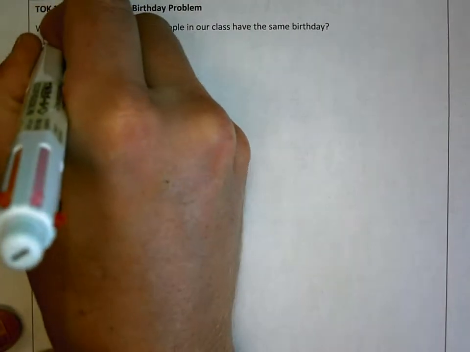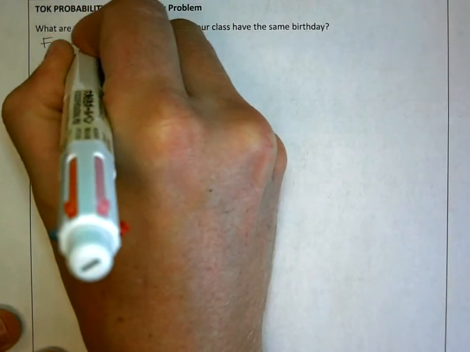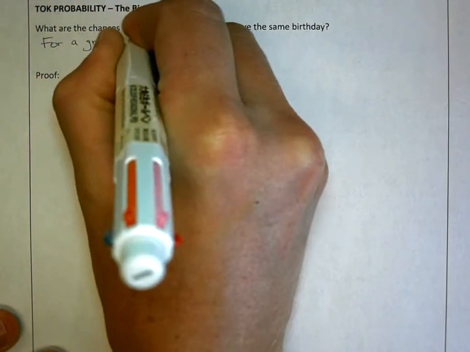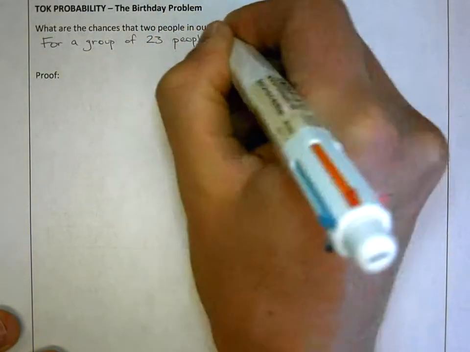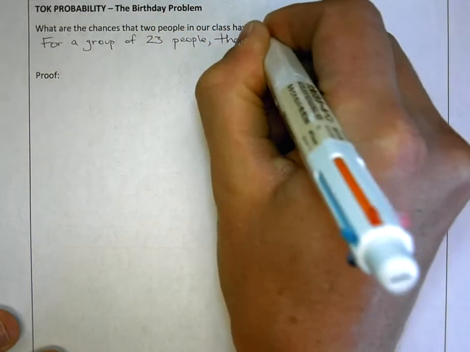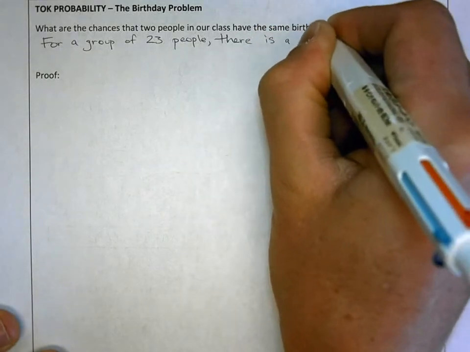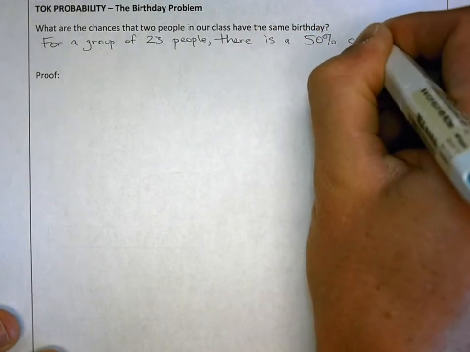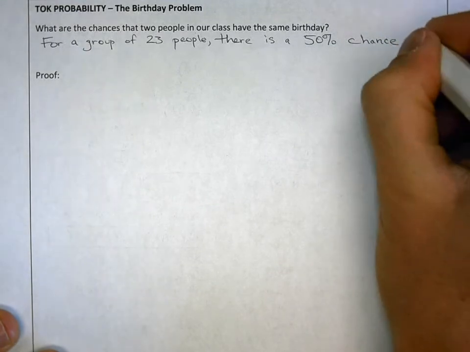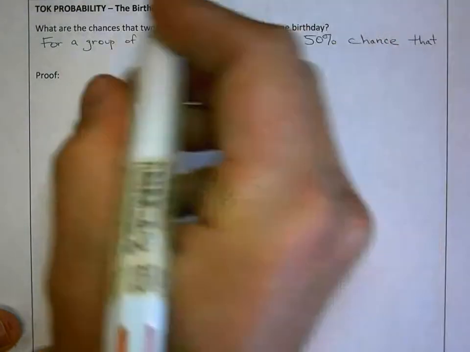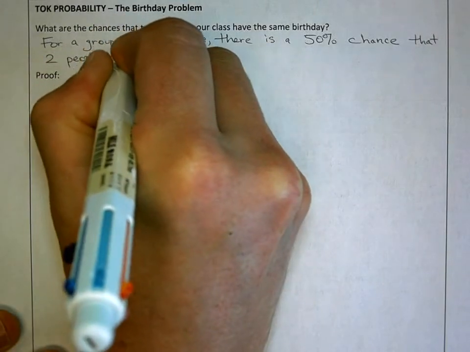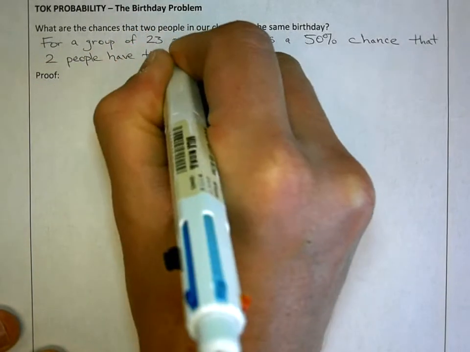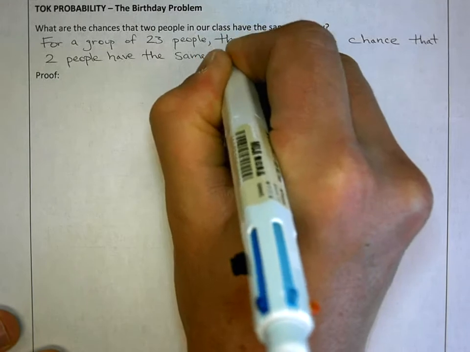But I will tell you, and we're going to prove this, for a group of 23 people, there is a 50% chance that 2 people have the same birthday.